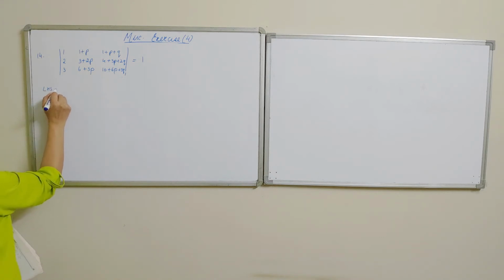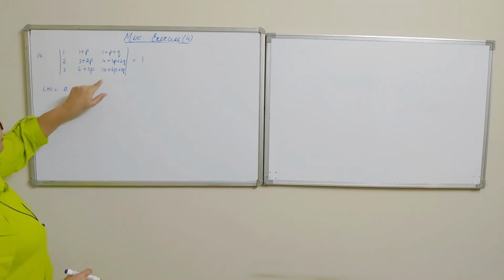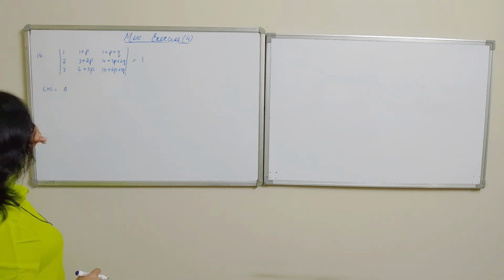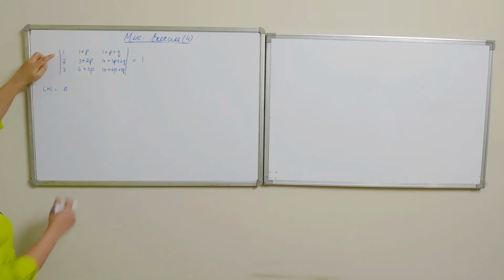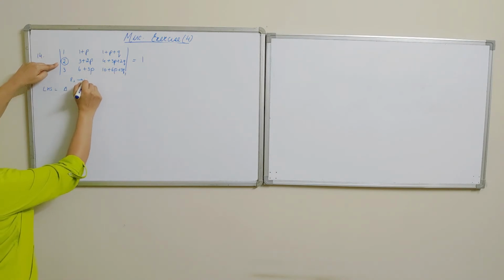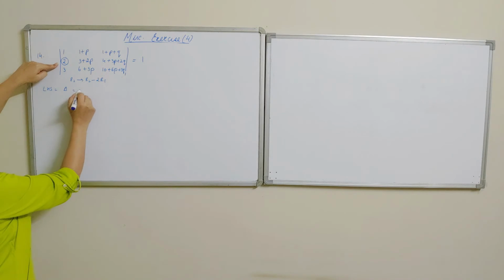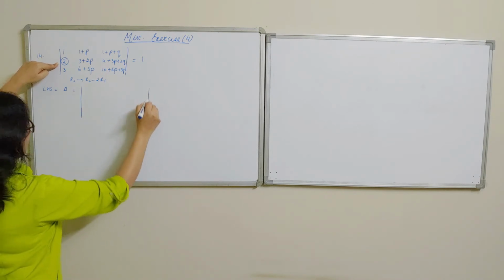So let's start with the left hand side. And in the left hand side, looking at these elements, because there is a 1 here, so I would like to convert this into a 0. So it can be done as R2 as R2 minus twice R1. Okay, so performing this operation, what will we get?